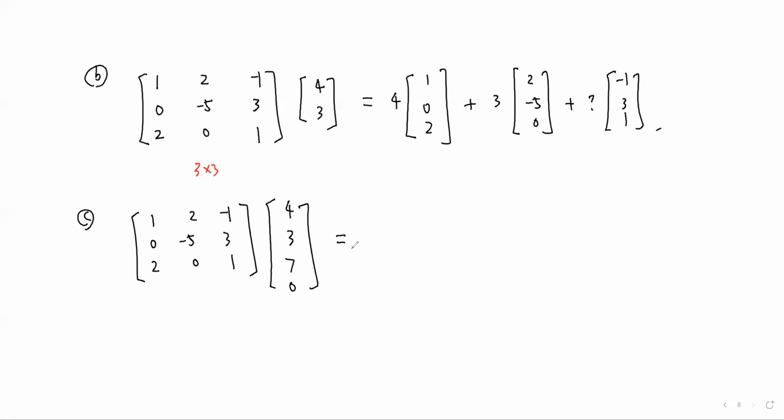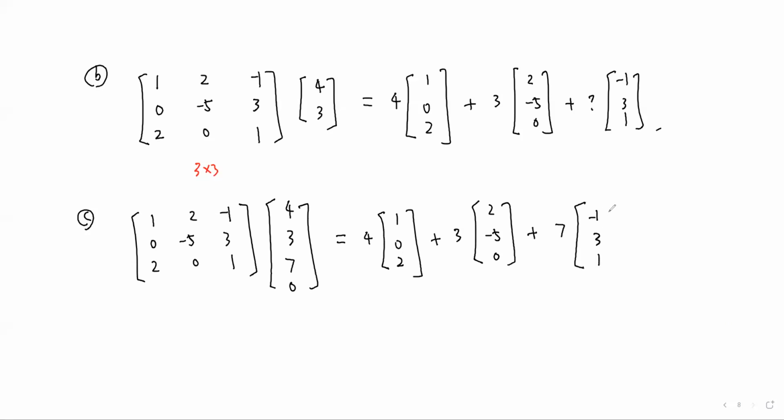Linear combination of the columns: 4 times the first column, then 3 times the second column, and then plus 7 times the third column. Then 0 times what column? This time, the product is not defined, not computable.